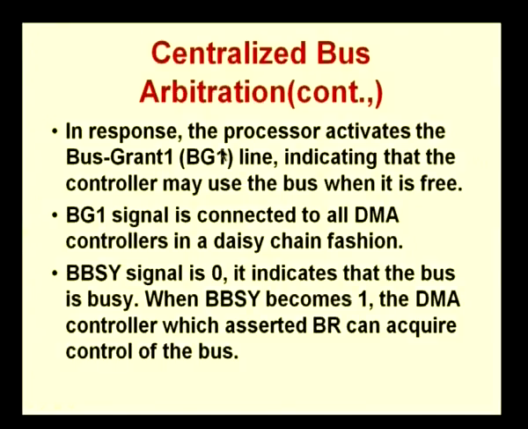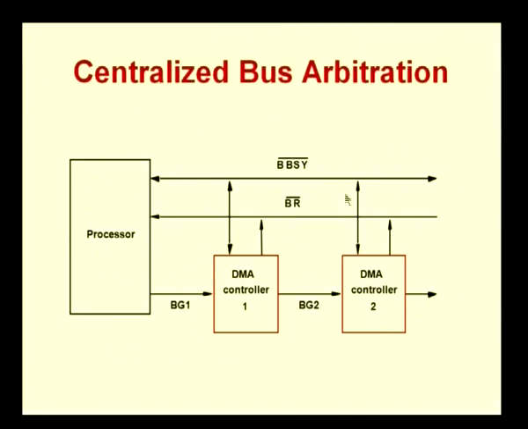Given that scenario, let us look at what the processor is expected to do. The processor has now got a bus request signal from one of these devices. In response, it will activate the bus grant signal, the BG1 line. What does this indicate? It indicates that the controller may now use the bus when it becomes free. When I say when it becomes free, remember there is the bus busy signal.